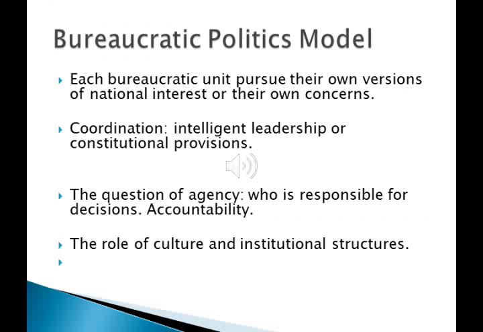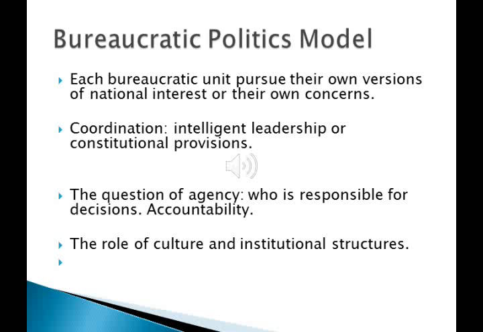There is the perception of the military, there is a perception of the Ministry of Foreign Affairs, exactly what we did in the class when we talked about the problem of immigration. There is the perception of the Homeland Security. There is the perception of the Ministry of Foreign Affairs. There is the perception of the president. There is a perception of the military. There is a perception of the Department of Labor. And they try to defend those concerns.